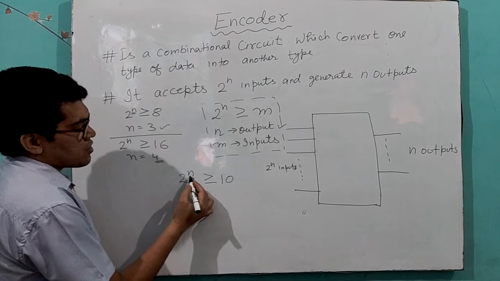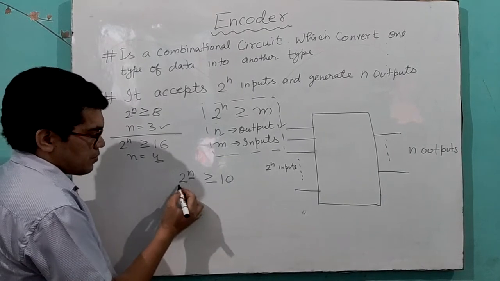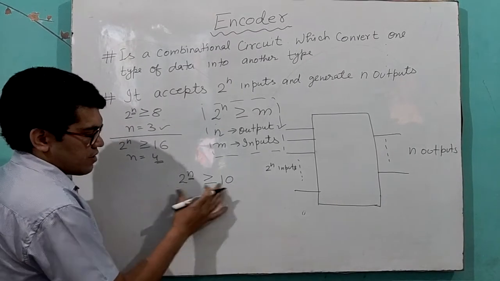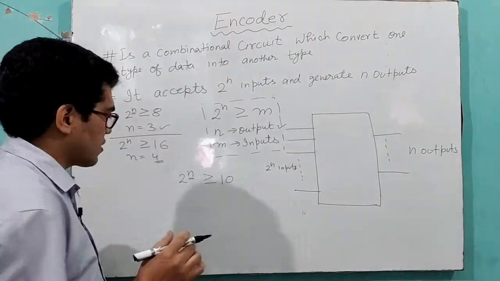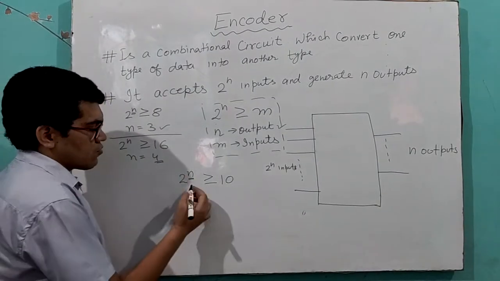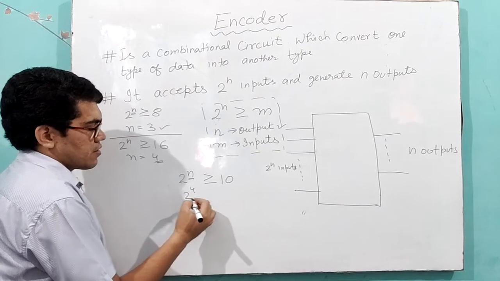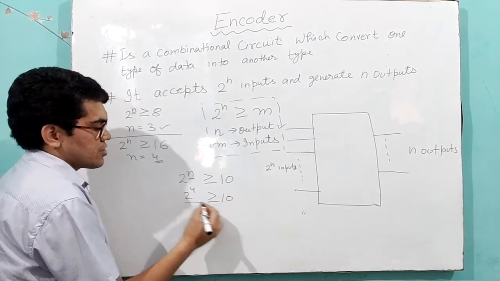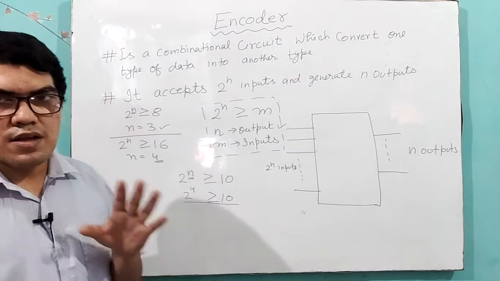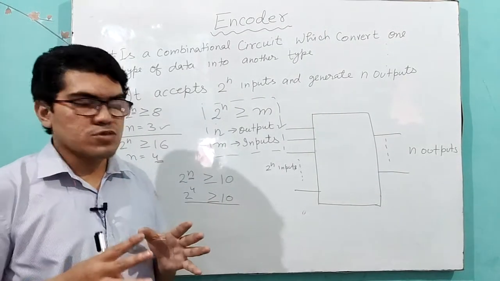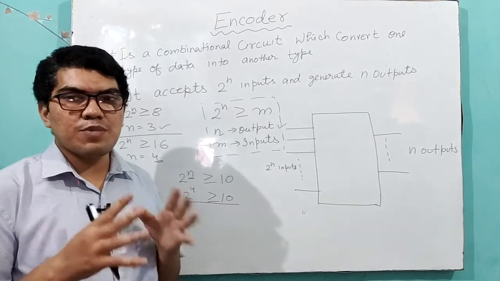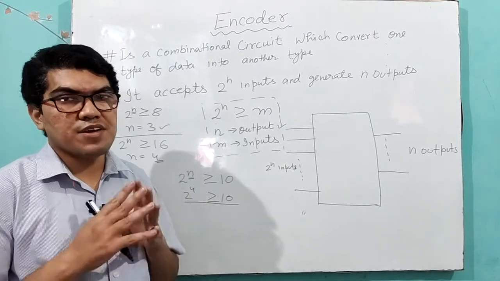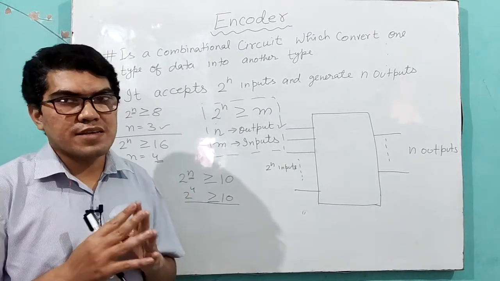If I put n equal to 3, it will be 8, so it will not satisfy the equation. If I put n equal to 4, then it will be 16, which satisfies the equation. So the conclusion is, for a decimal to binary encoder we need 4 output lines.